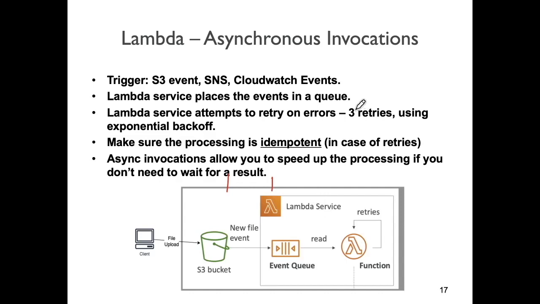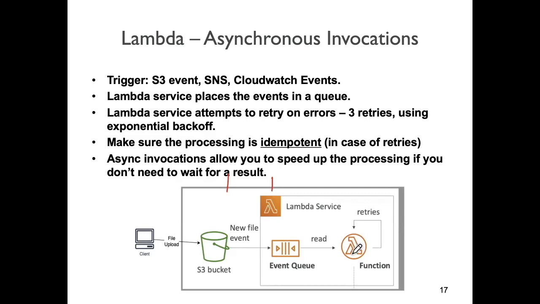It does 3 retries using what's called an exponential back-off algorithm. All I mean by that is that the second invocation, it will delay for a period, let's say 3 seconds. If the Lambda still crashes, then the Lambda service will delay for double that, 6 seconds, and then tries again.